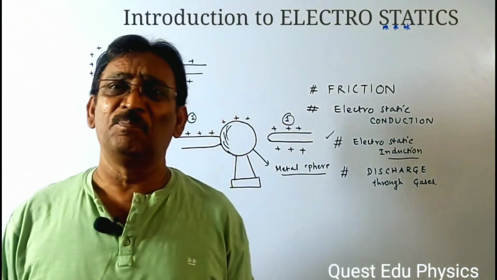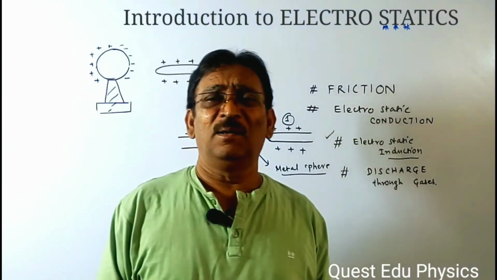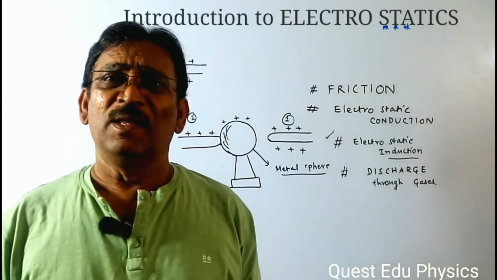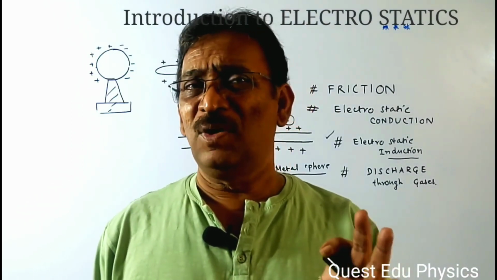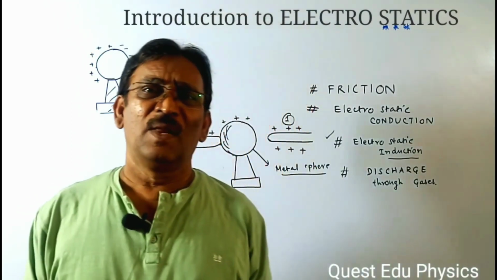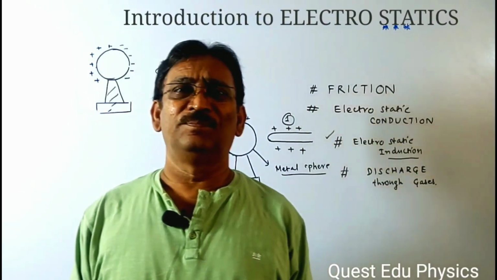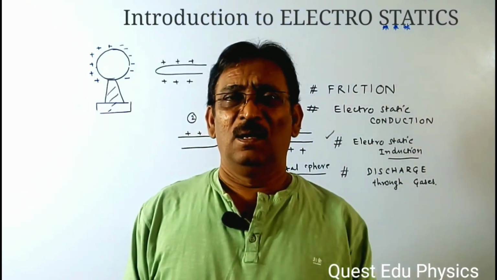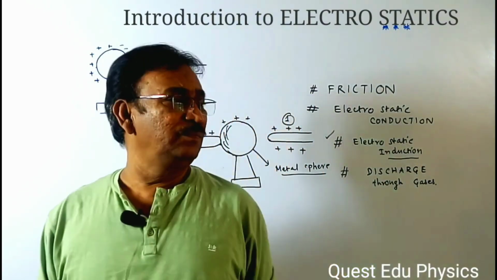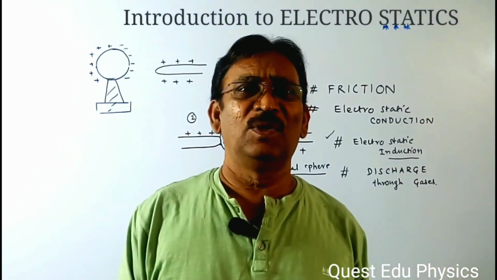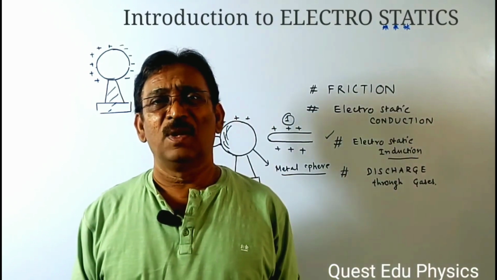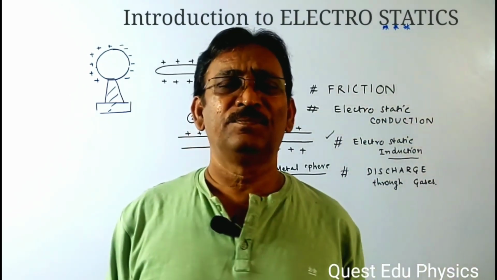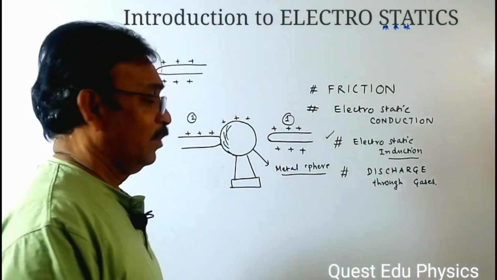That means what we are doing? We are discharging the gas into ions in the presence of higher potential as well as low pressure. Discharging gas means dividing the gas into ions at high potential and low pressure.